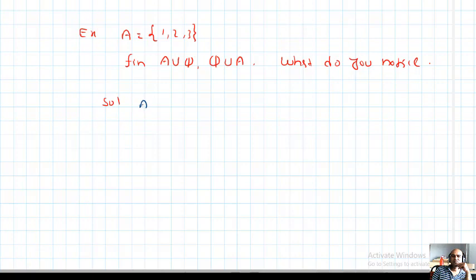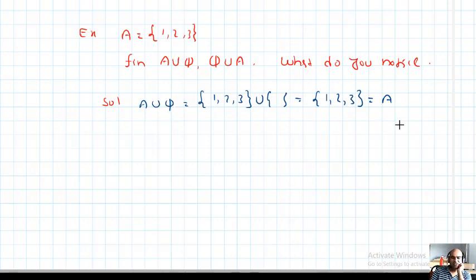A union phi: A means 1, 2, 3, union emptiness. Union means we want to combine all. The important thing is this emptiness is present in any set. So what we will get? 1, 2, 3, that is nothing but A. So what you got? A union phi equal to A.